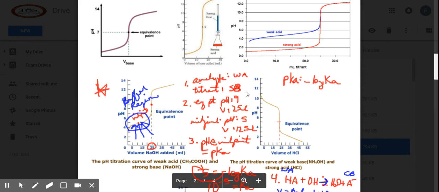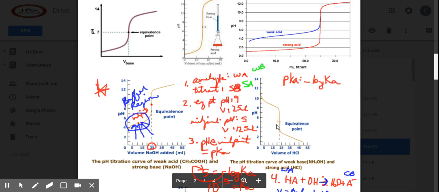All right, so first, what is my analyte? My analyte is starting at a pH of 11, so that means I have a weak base. That is my analyte. What is my titrant? My titrant is around a pH of 1, so that means my titrant is a strong acid.